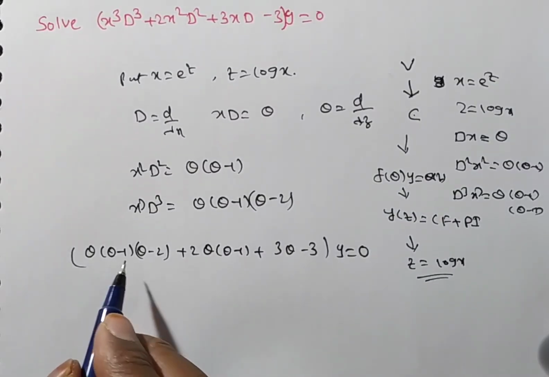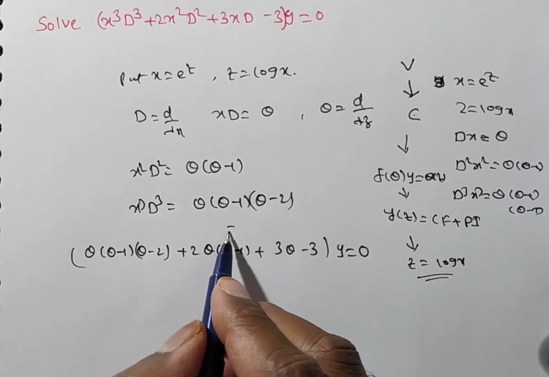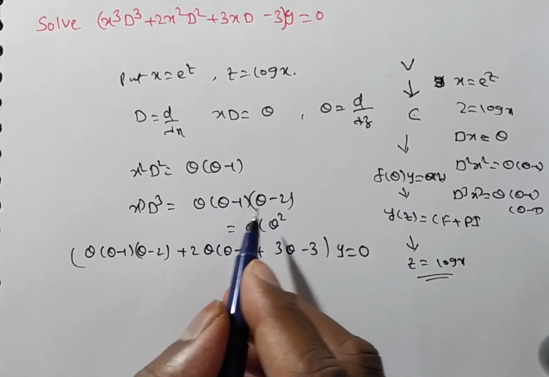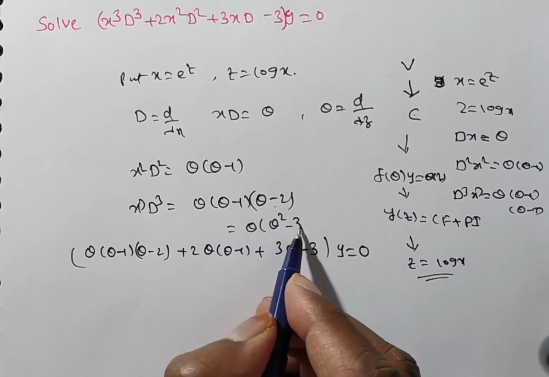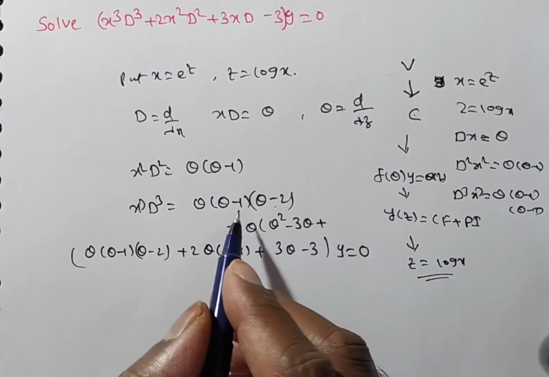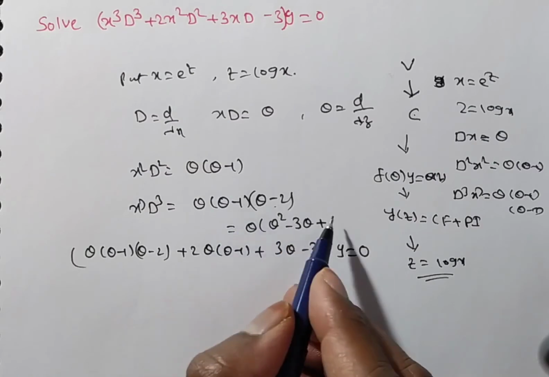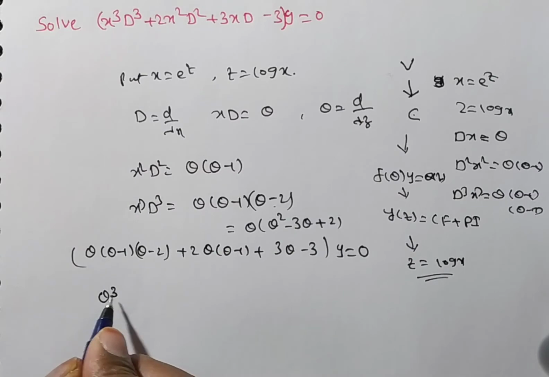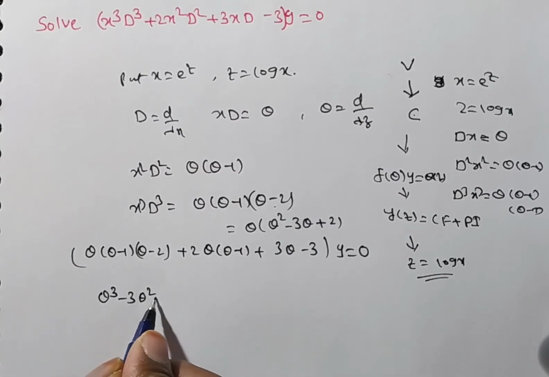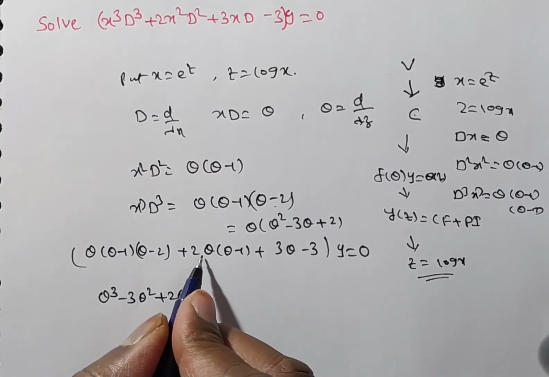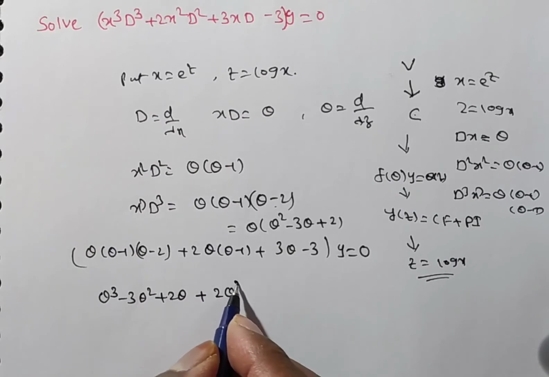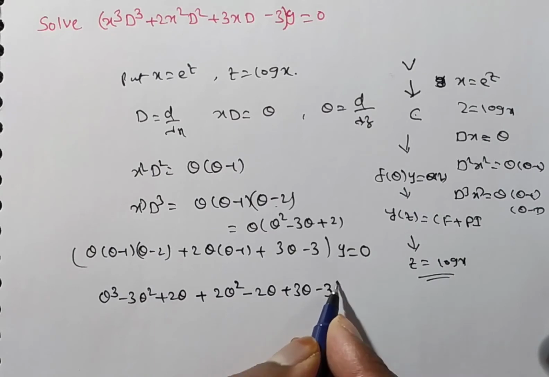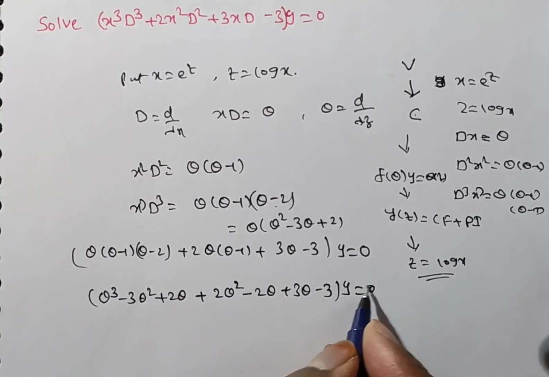What is (θ − 1)(θ − 2)? It is θ² − 2θ − θ + 2, that is θ² − 3θ + 2. Multiply θ inside, then you have θ³ − 3θ² + 2θ, plus 2θ² − 2θ, plus 3θ − 3, into y is equal to 0.